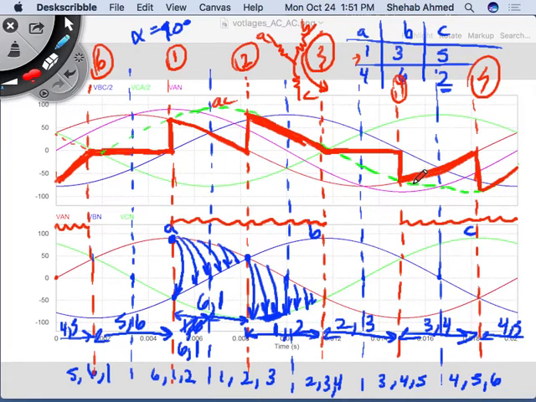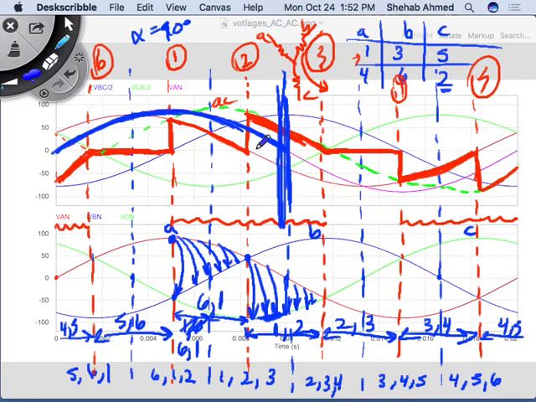How do you do that? The simplest way is with an AC to AC voltage controller. Do you agree that, versus the case where they're all diodes, where the voltage on phase A was like this, and let's take only the half cycle, this was the blue voltage.